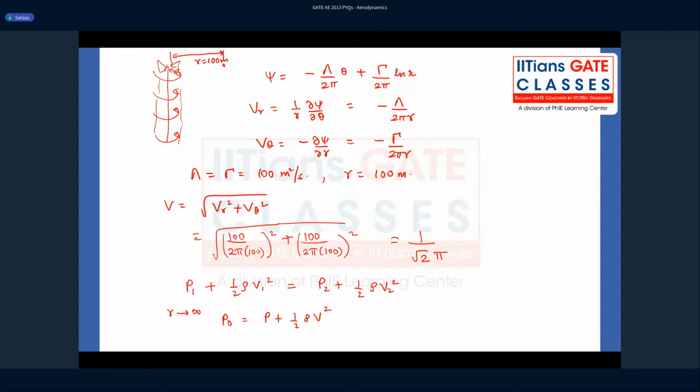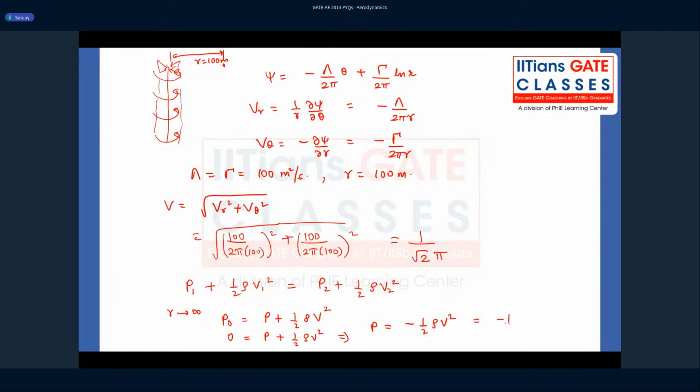Because when you go with the depth, the weight of the air column increases and the hydrostatic pressure distribution comes into picture, right? So you can always assume a point where there is no hydrostatic pressure, it is going to be zero. So you can assume that this P naught is equal to zero, and this P is the gauge pressure that you want to find out. So from here you can see that the gauge pressure is going to be minus half rho V square.